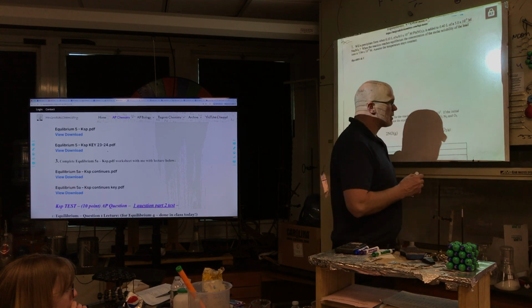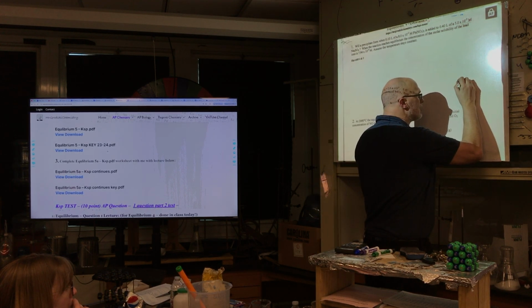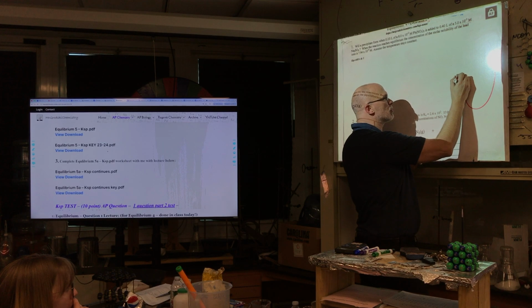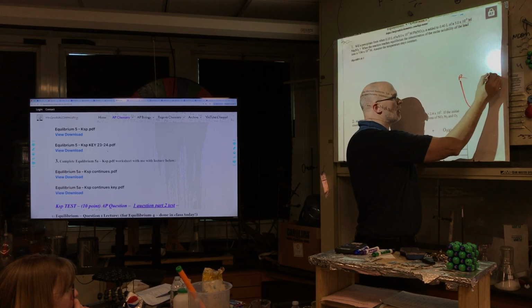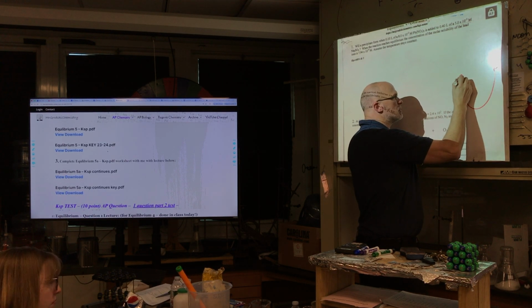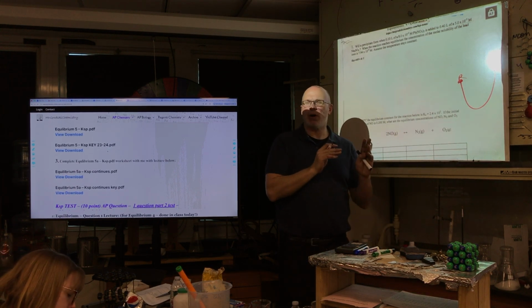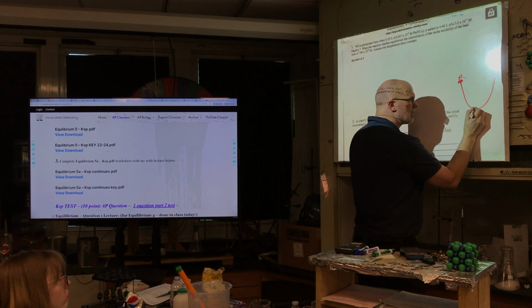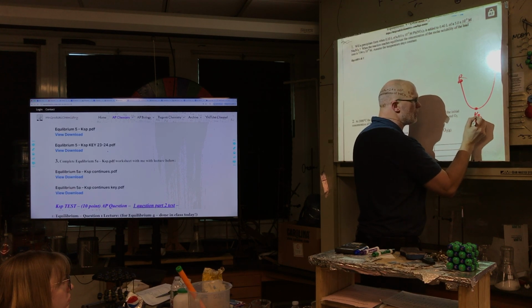Now, what does equilibrium tell us? Equilibrium questions tell us if we were to start at 100% reactants, I know I love drawing these, at this position, how much will it move forward to get to whatever that equilibrium position is?